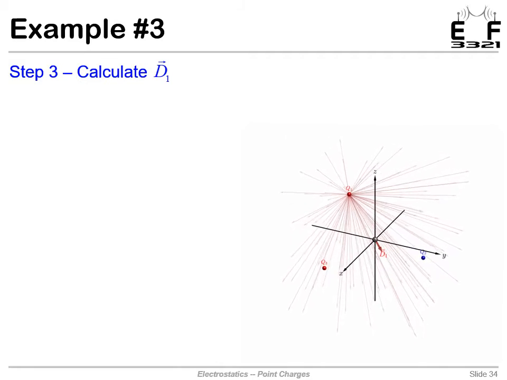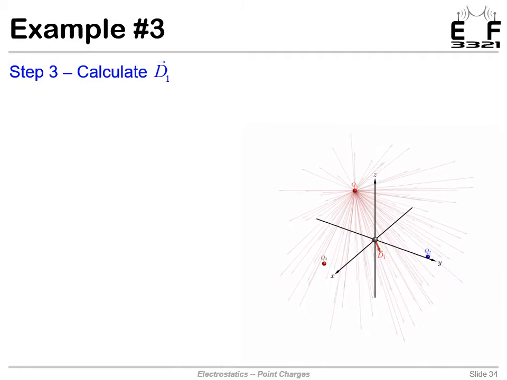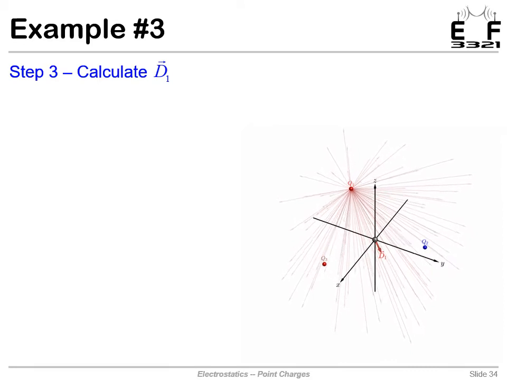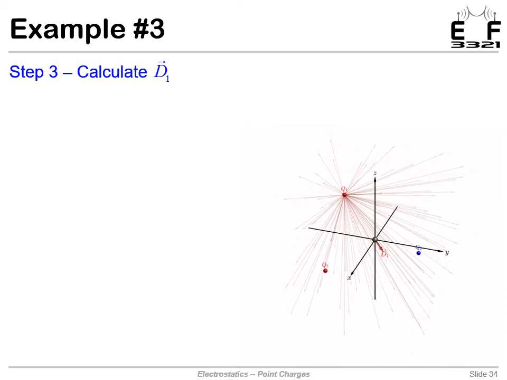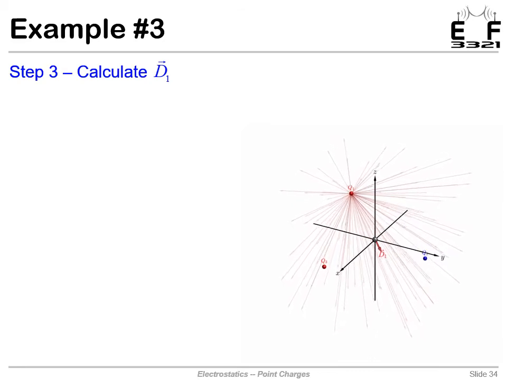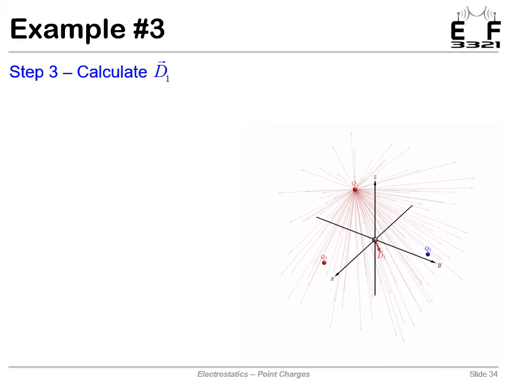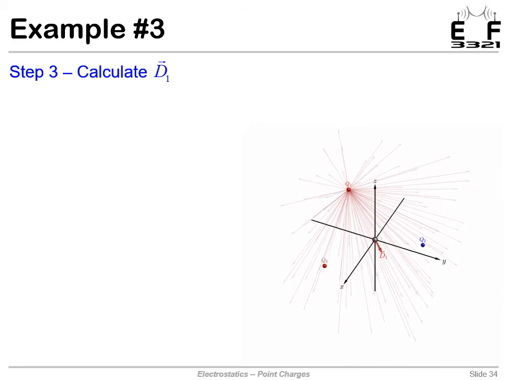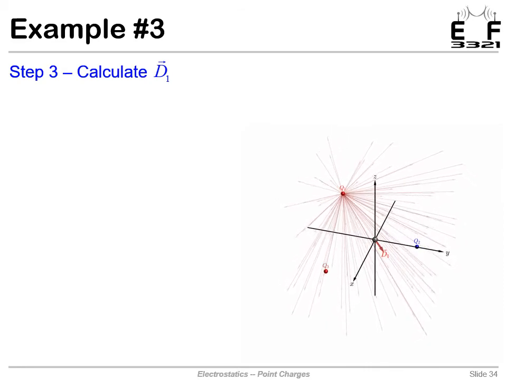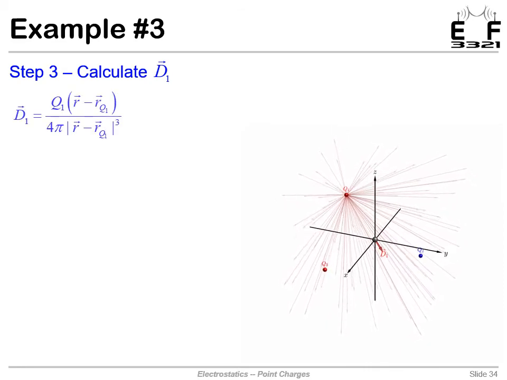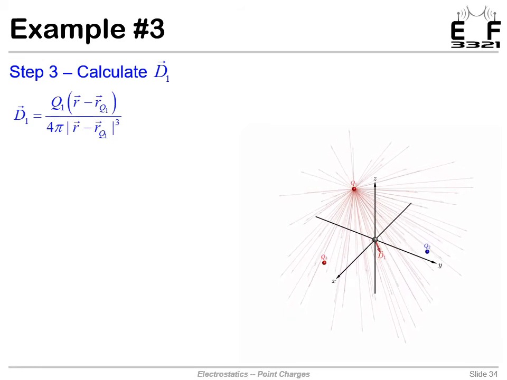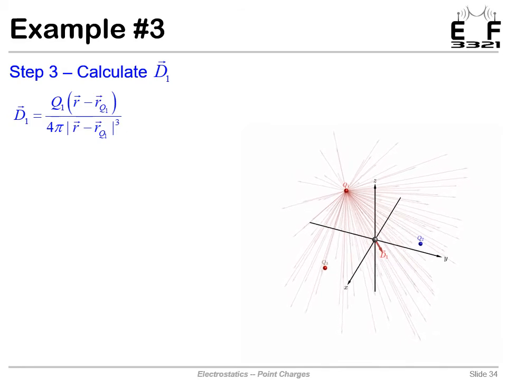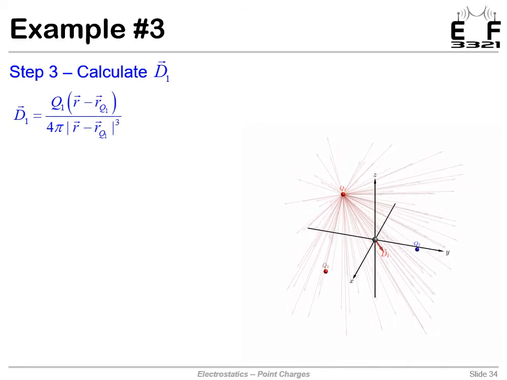So we calculate D1, and our sketch over to the right has changed a little bit. I'm visualizing the electric field lines emerging from the first charge, and also visualizing the direction of D1, which should be in a direction coming immediately from Q1 through our observation point. So this is the equation we'll use to calculate D1. This is just an exercise from our previous section where we talked about single point charges.